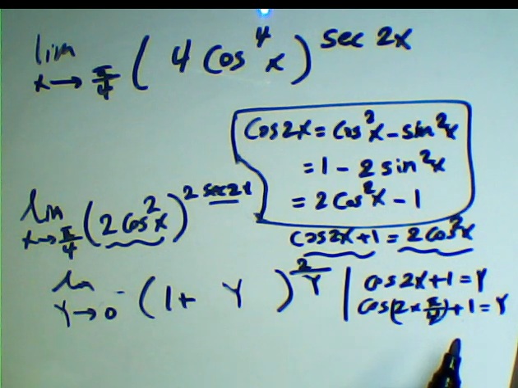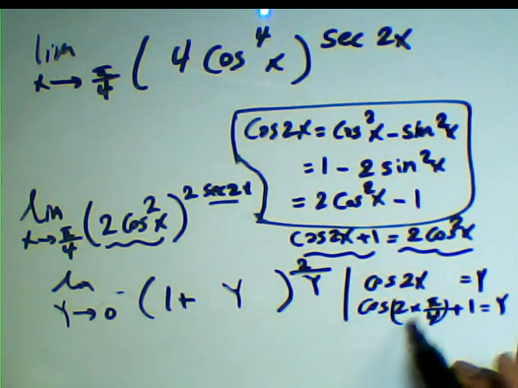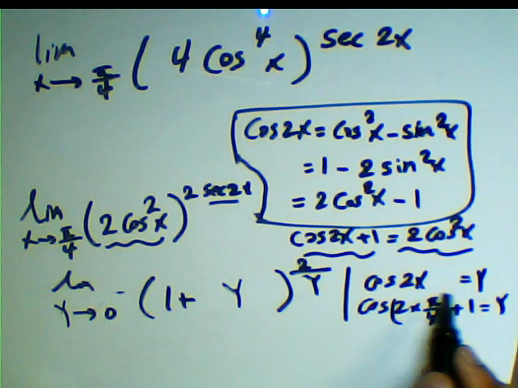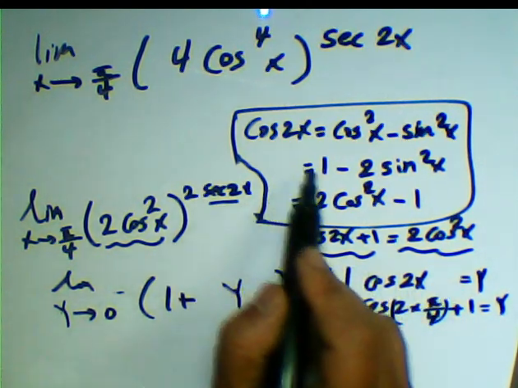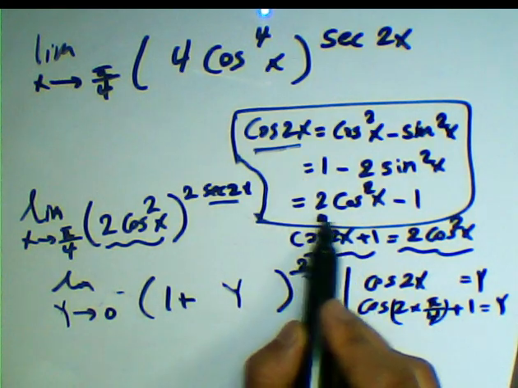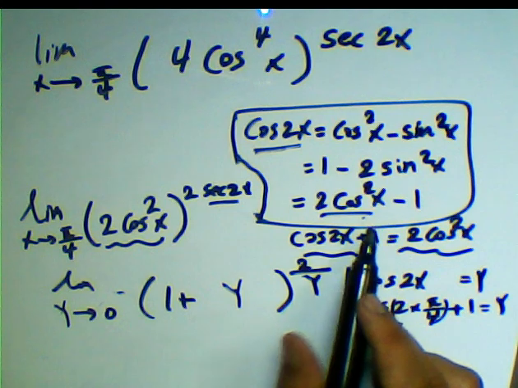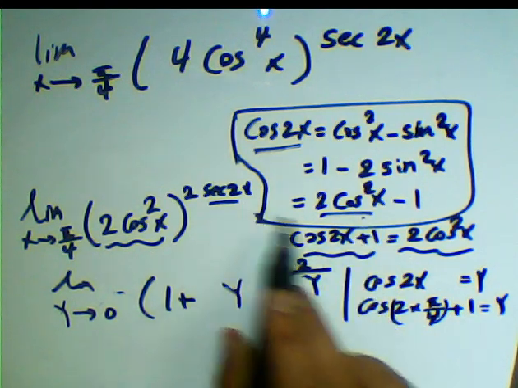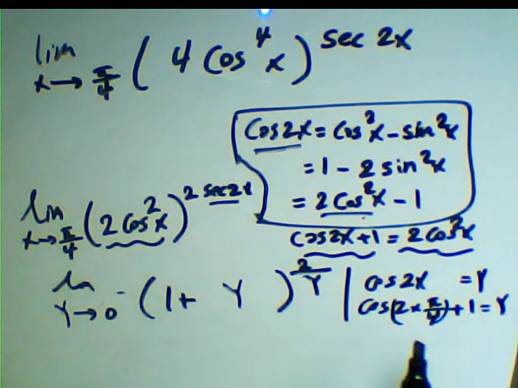And we can cancel cosine 2x, right? Cosine 2x equals y. Then cosine 2x equals 2 cosine squared x minus 1, so 2 cosine squared x equals cosine 2x plus 1, and here 2 cosine squared x equals 1 plus y. Understood?